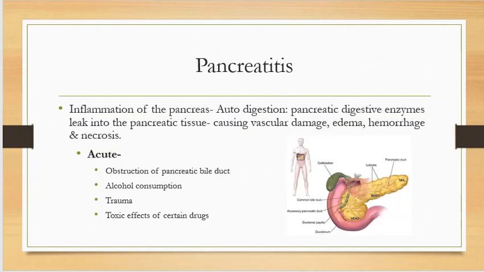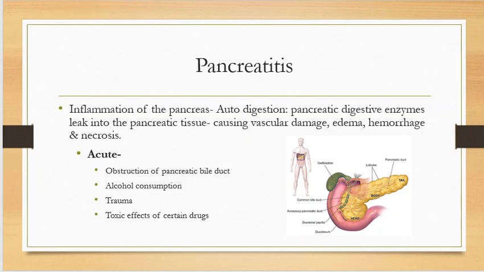And then next we're going to be talking about the pancreas, which is a very important organ for our health. So pancreatitis. Pancreatitis is the inflammation of the pancreas, and it can be acute or chronic. I've seen both, and it can be serious and very life-threatening.